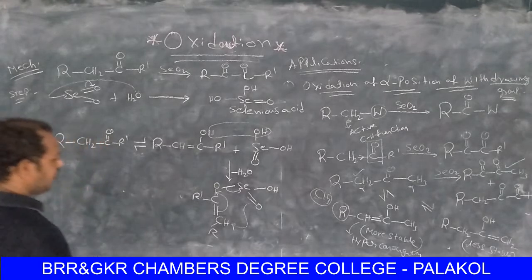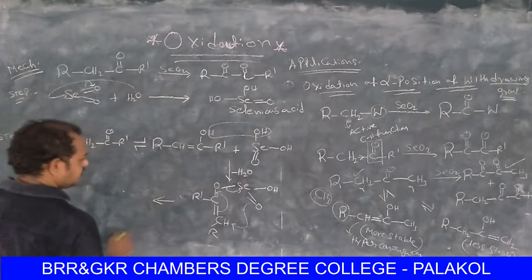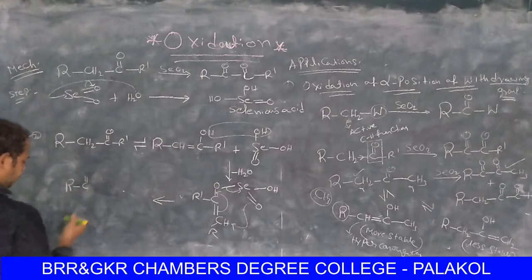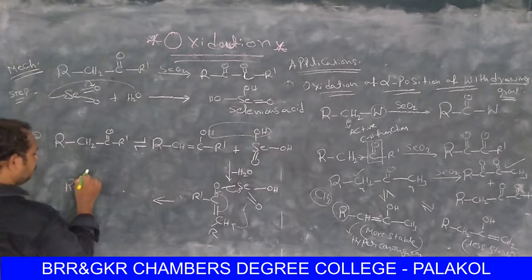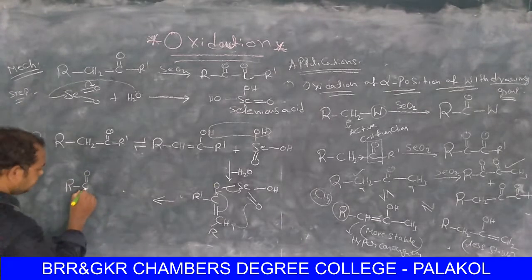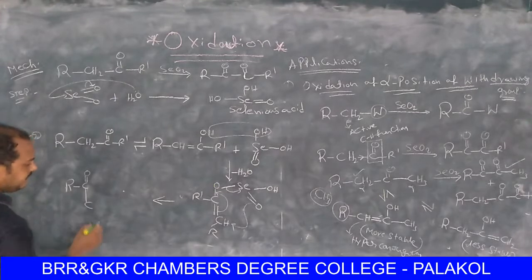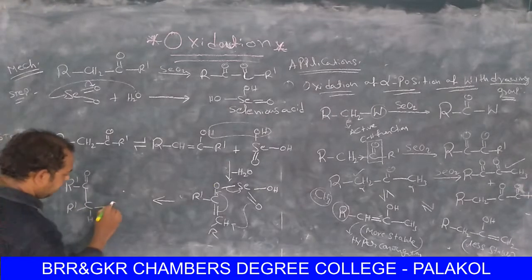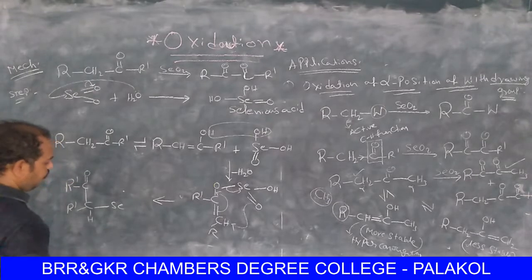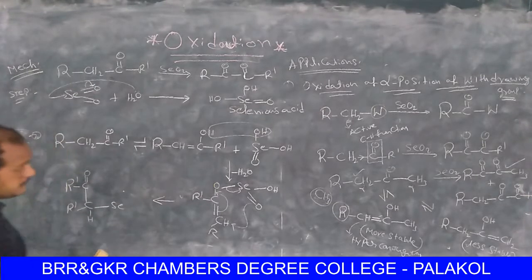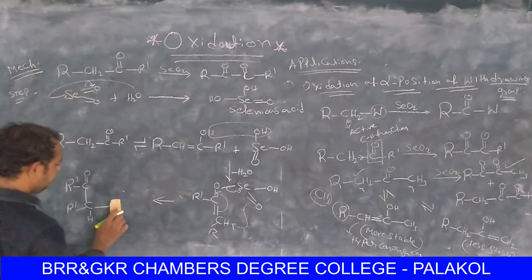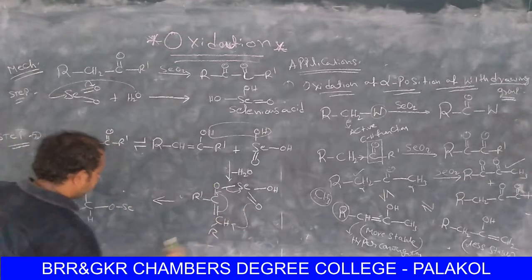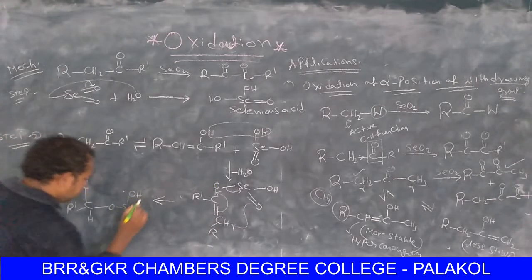So then we get one product, that is R dash, hydrogen and SeO, selenium, with a bond between oxygen and carbon, right? OSe and OH.